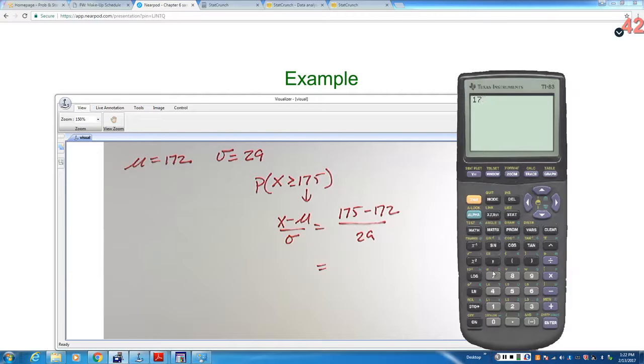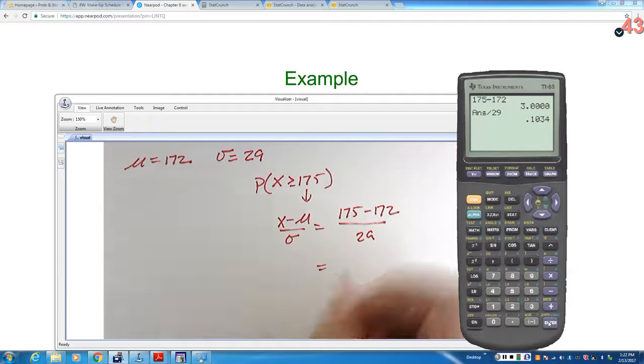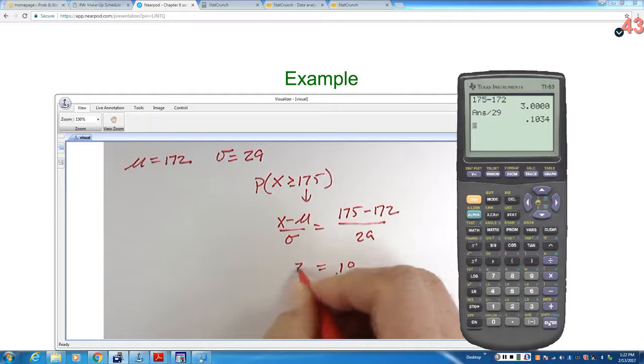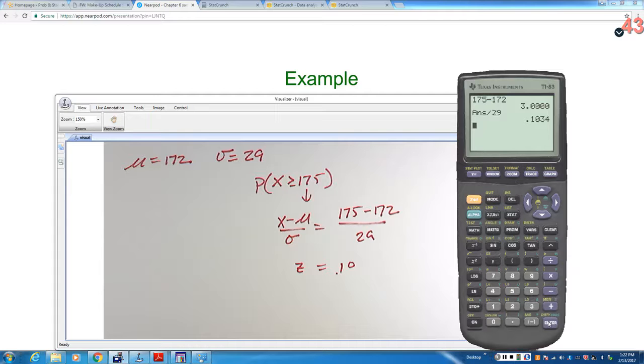Yes, so it's 175 minus the mean of 172, divided by the standard deviation, which was 29. So my z-score is going to be 0.10. That's my z-score.